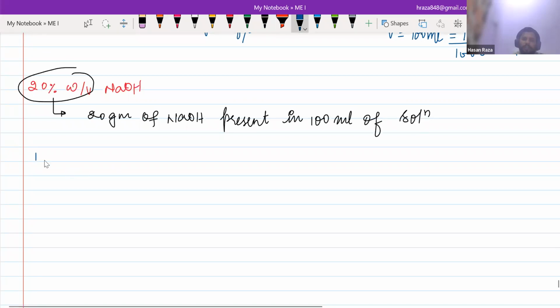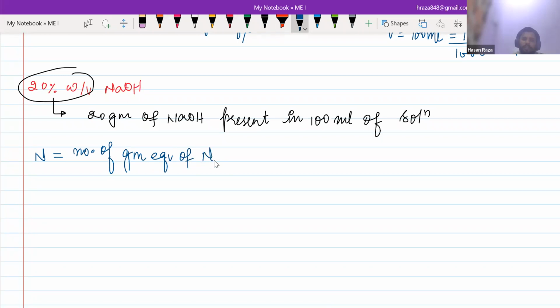Now what you need to do? Calculate the normality, which has a formula: number of gram equivalent of solute, that means NaOH is the solute, upon volume of solution in liter.